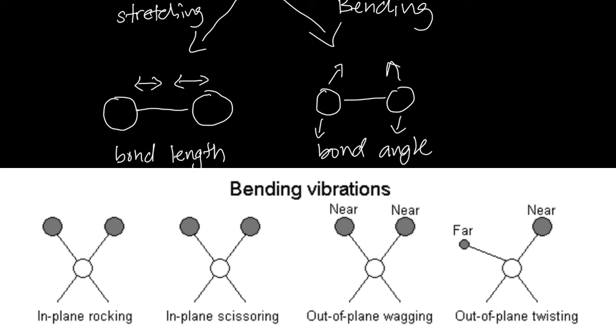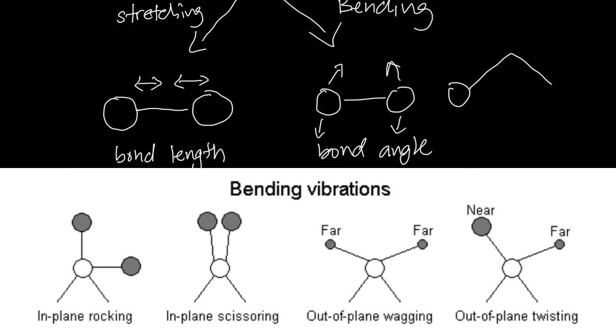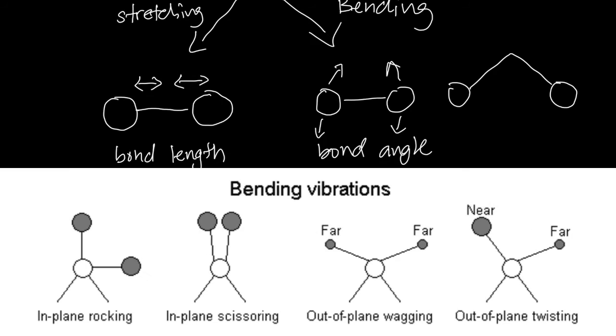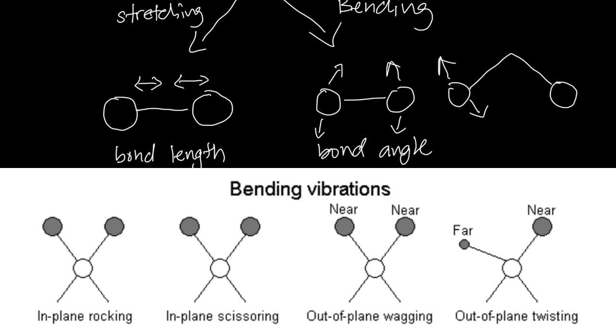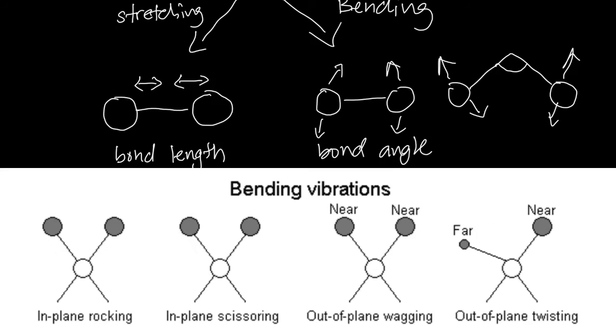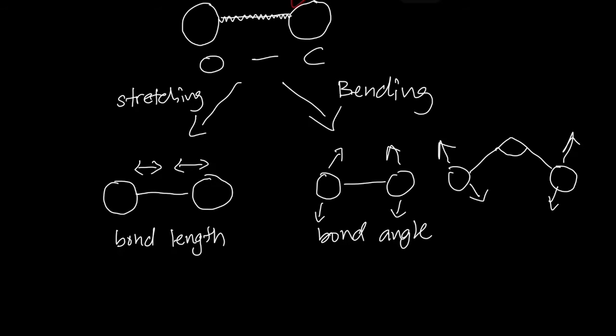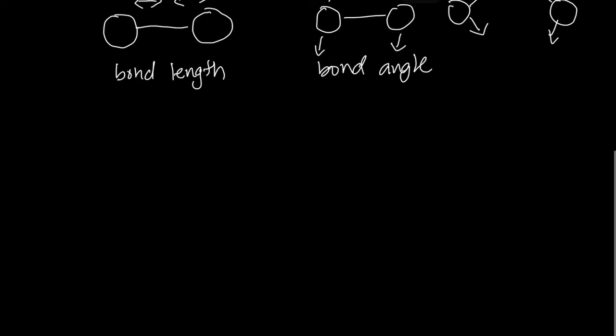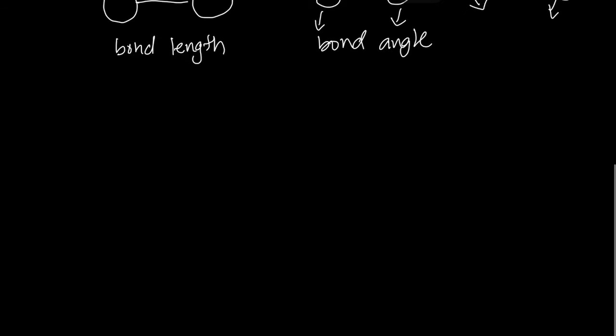Maybe let me draw it this way, it's easier for you to understand. When the atoms move up and down, or to the front, to the back, this involves change in bond angle. So different types of bonds are stretching or bending at different characteristic frequencies.